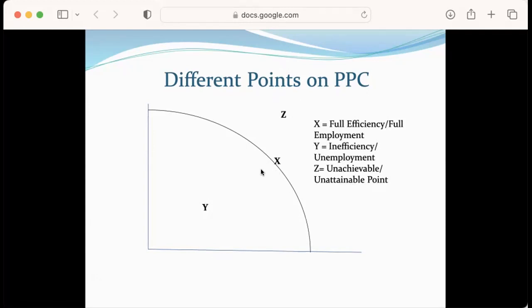It's an impossible point, an unachievable point, because with the resources we currently have, we can only produce anywhere on the curve. But this may be possible in the future if there was a shift of PPC, because of, like we earlier saw, some points which result in an outward shift. If that happens, then the whole PPC itself will move to this level.